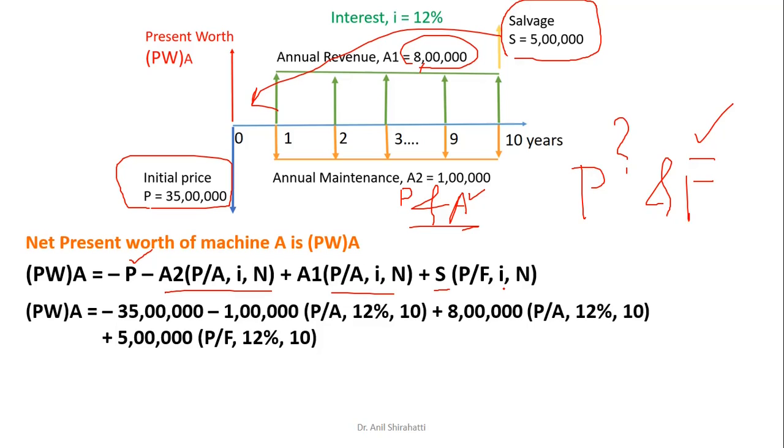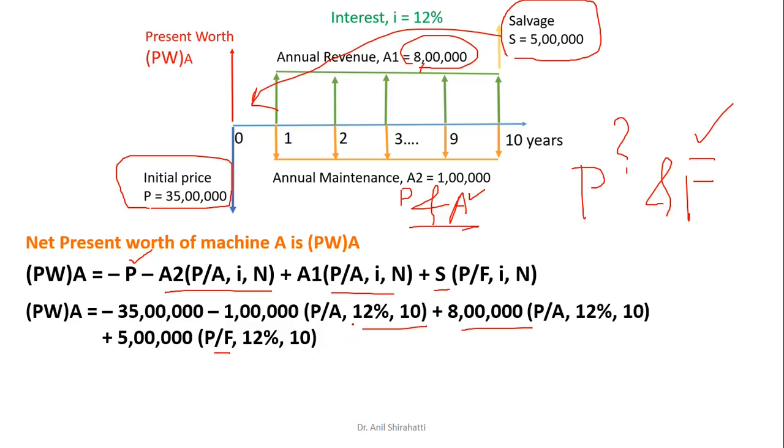So if I substitute these values, that is minus 35 lakhs minus 1 lakh into P by A, 12%, N is 10, then revenue 8 lakh, P by A, 12%, comma 10, then 5 lakhs, P by F, 12%, and N is the 10th year.